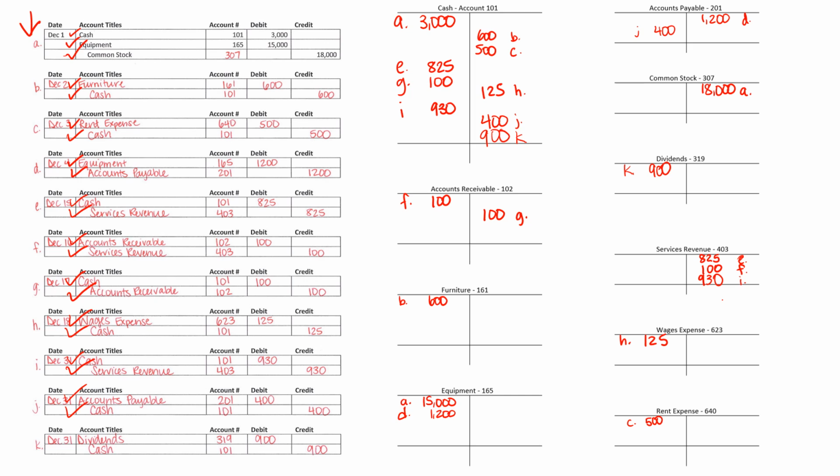So this shows you how each account is affected when you look at the whole period as being the month of December. So now what we'll do, especially with the cash account, is figure out what the ending balance is for the month of December.